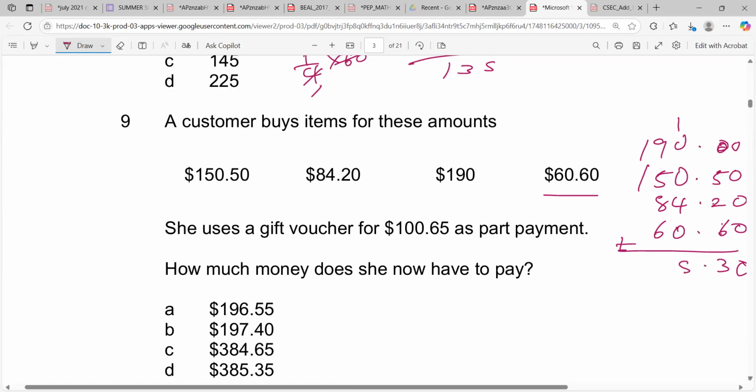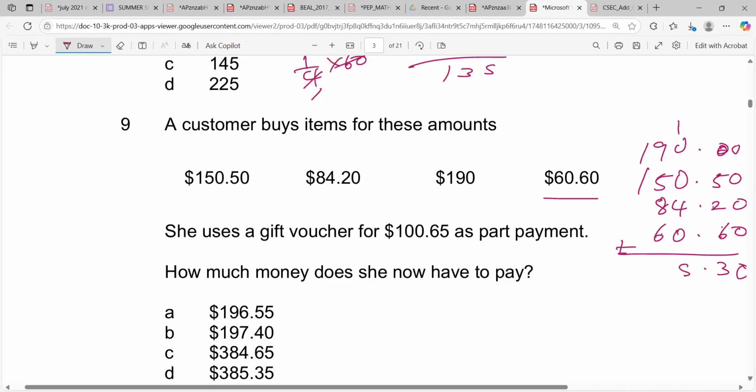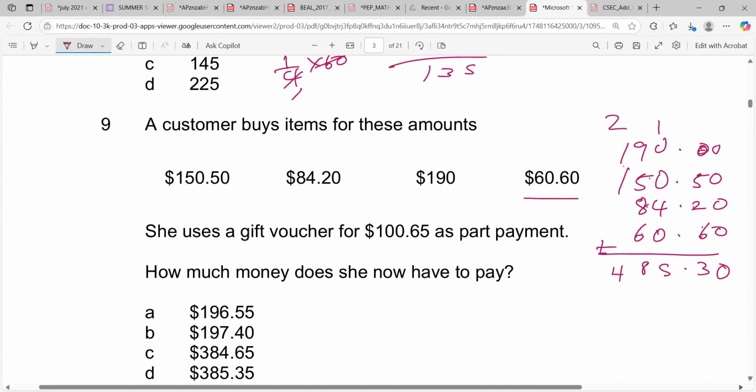That the 5, decimal point under decimal point. 6 and 8, 14. 6 and 8, 14 and 5, 19 and that 28. So 2 and 1, 2 and 1, 3 and that 4. This should have been 5. No, 6 and 2, 8 and 5. Yeah, right. All right. So that basically comes up to 485.